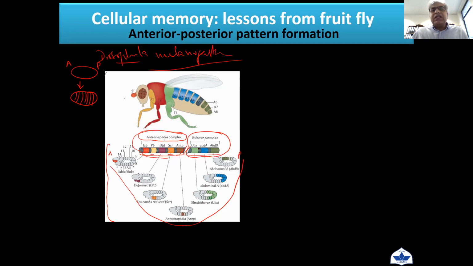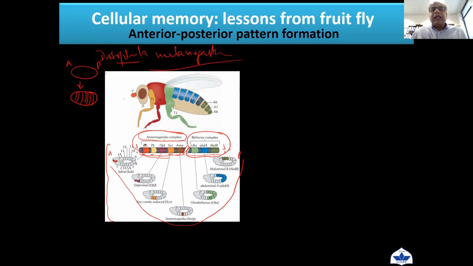Just like these genes are organized 5' to 3' here, their chromosomal organization somehow goes from anterior to posterior. It has nothing to do with the morphology, but it's an observation, the way they are organized.